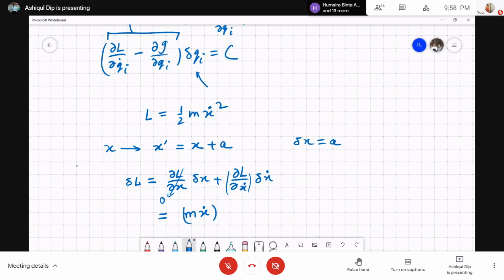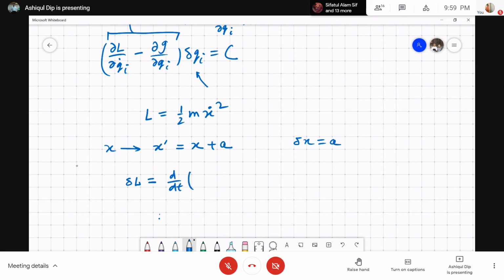Actually, I should have written another line here. It's a parameter, a constant parameter. I should have applied another thing, not this one. We already calculated the other one: delta L is d/dt of something.